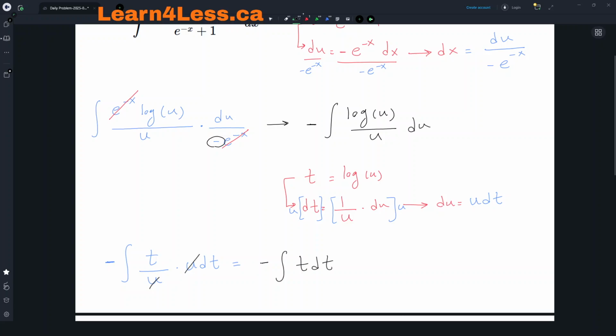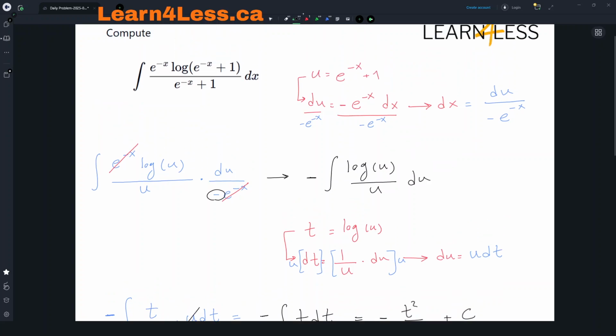Very simple integral, where we need to apply the power rule. It would be negative, the integral of t is t squared over 2. It's an indefinite integral, so we need a plus c at the end.